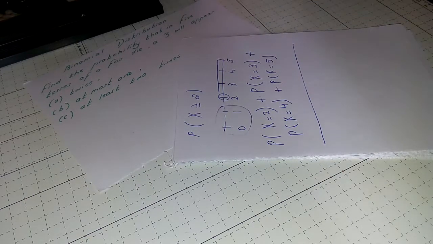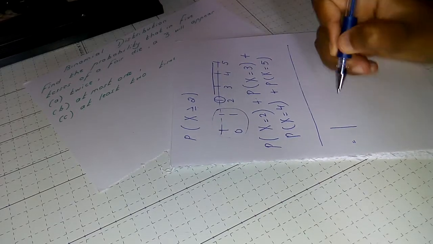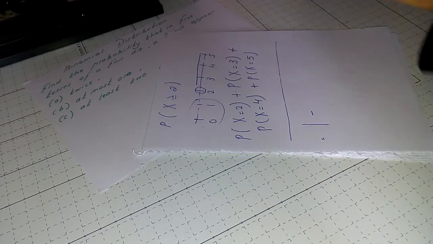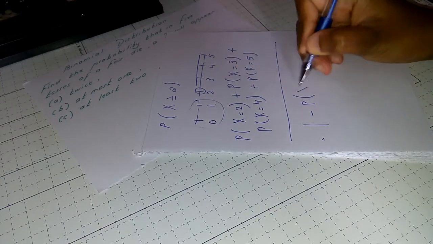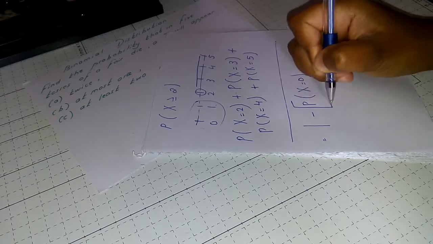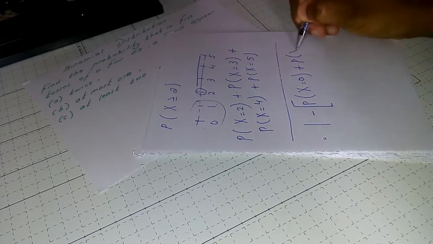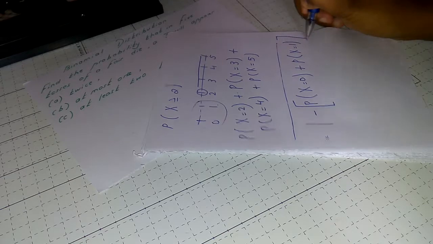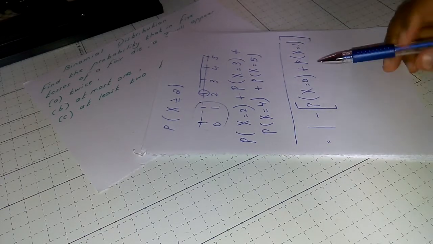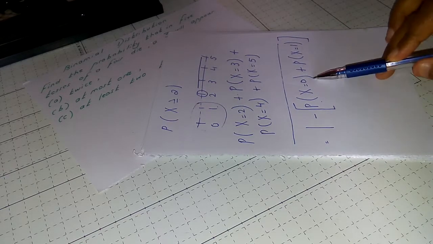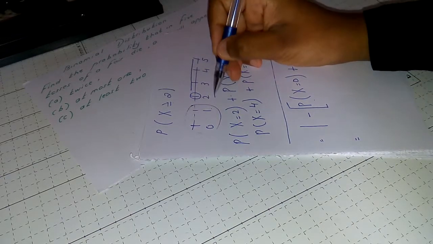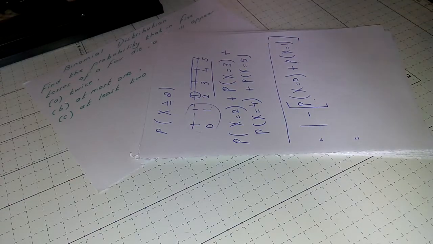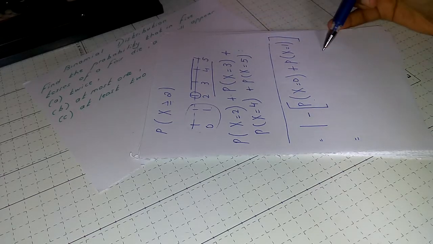We know that the sum of all probabilities is 1. Now 1 minus which two values we do not need, which are 0 and 1. So we do not need the probability of X equal to 0 and the probability of X equal to 1. If you take 1 and subtract the probability of X equal to 0 and X equal to 1, you are going to get this probability. So you can do either this way or this way. It's up to you.